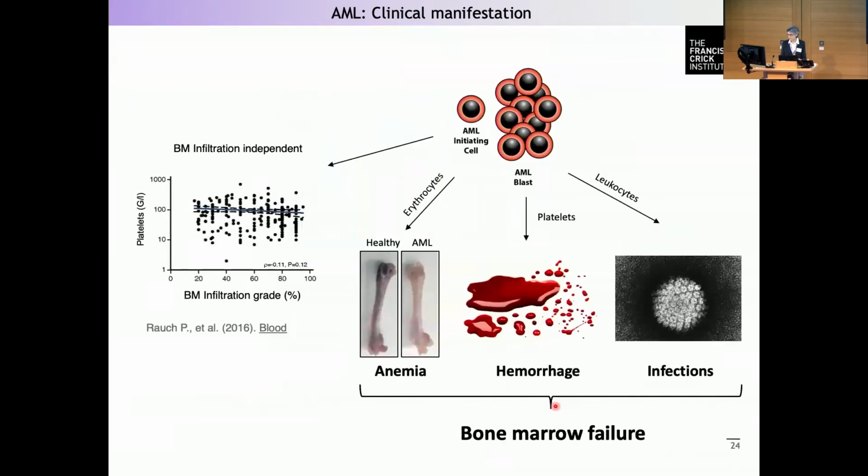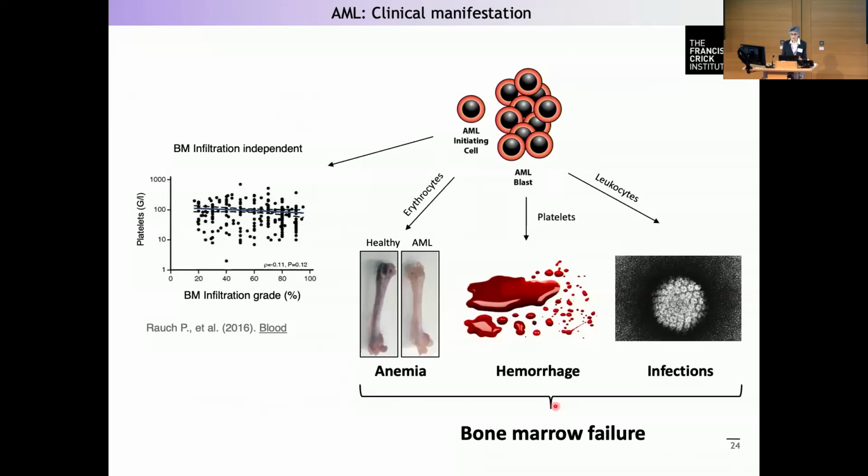And lastly, for the few minutes that I have, I also go back to something that my lab has been very interested in for quite some time, which is what happens to the normal hematopoietic stem cells when leukemia is present in these patients. We know that clinically, these patients are anemic, they have hemorrhage because they have very low platelet counts, and they are susceptible to infection.